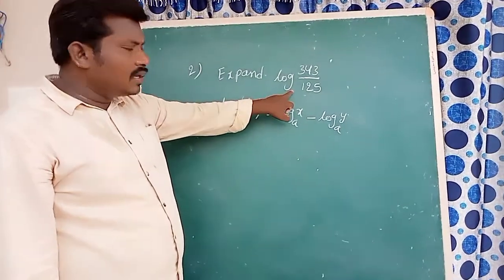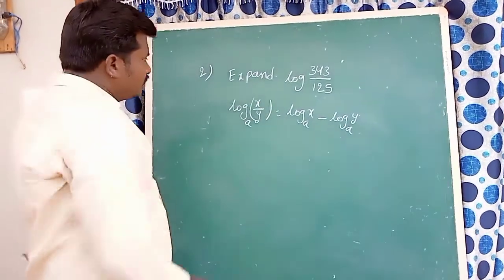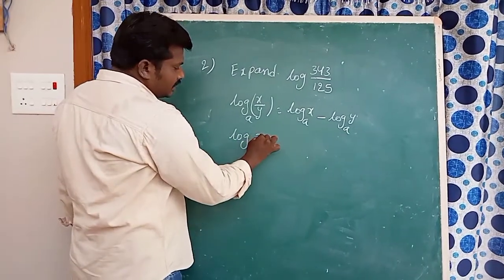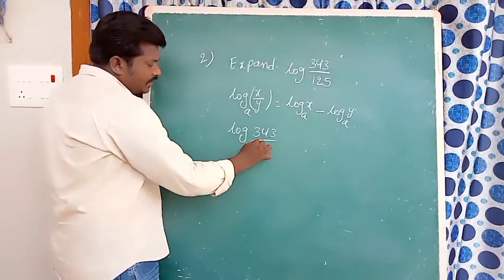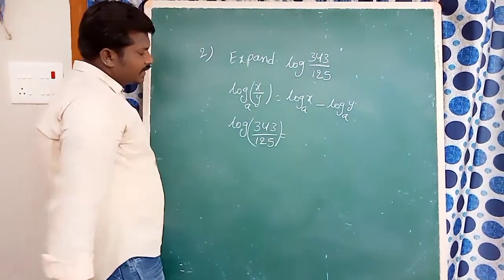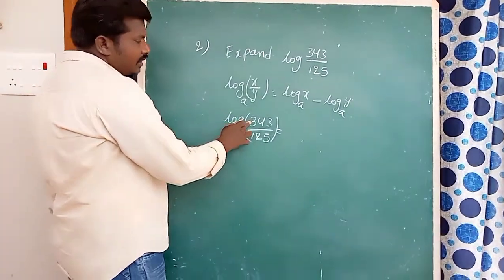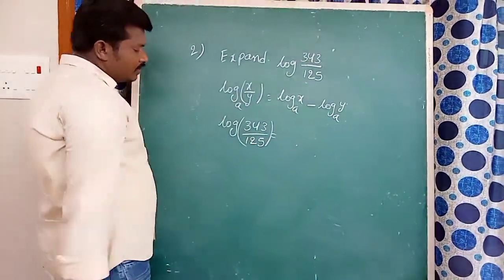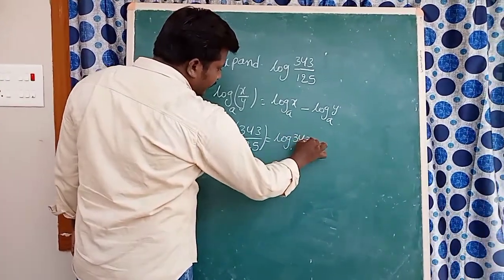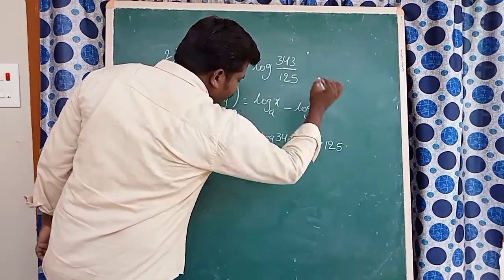Apply that formula: log 343 divided by 125 is equal to, substituting 343 for x and 125 for y, log 343 minus log 125.